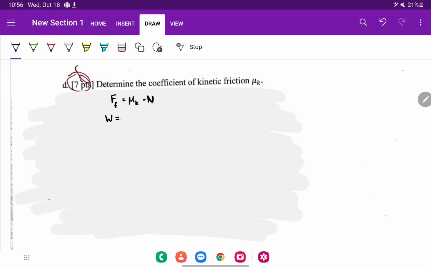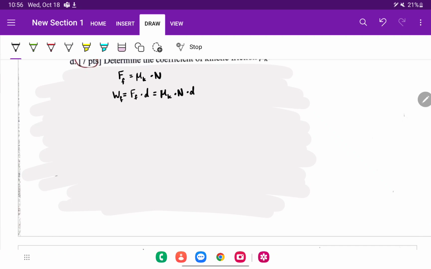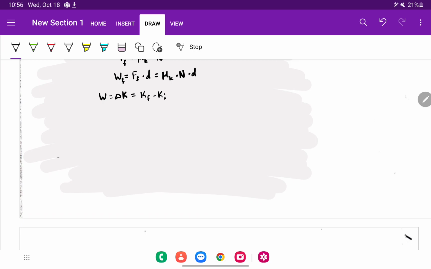And then we also know that work done by friction, work is just force times distance, so it's going to be the force of friction times d, or if we substitute in our force of friction, that's our coefficient times our normal force times the distance we traveled over that frictional surface. Okay. So now using work kinetic energy theorem, we know that work is change in K, or work is K final minus K initial.